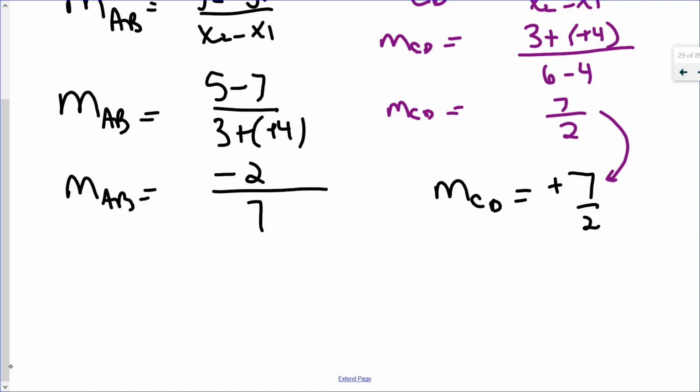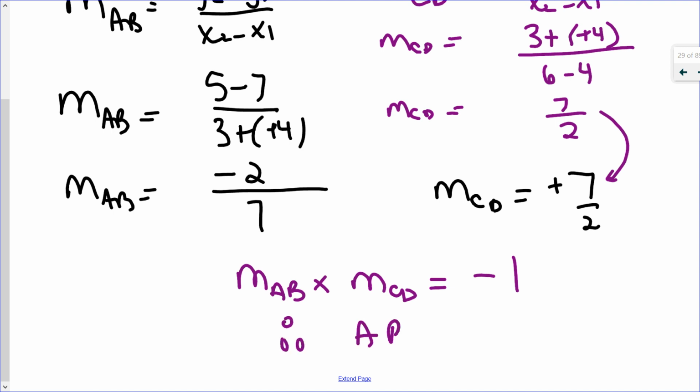Here's another way of stating it. If they are negative reciprocals, that would mean if I take the slope of AB and I multiply it by the slope of CD, I will get negative 1 because they are negative reciprocals, flip and opposite sign. So since that is true, therefore I can say that AB is perpendicular to CD.